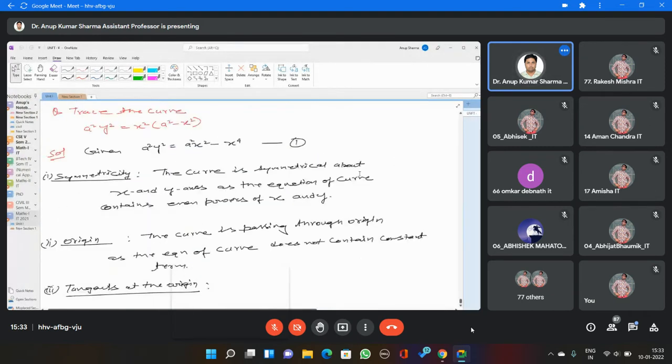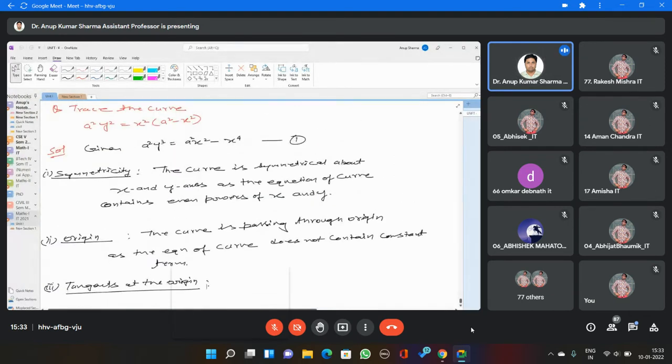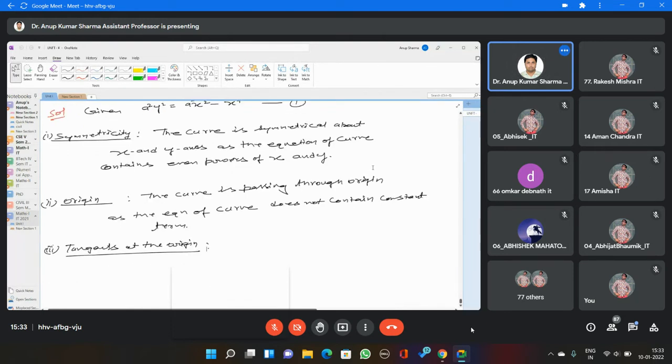So we see the lowest degree term of equation 1 is a square y square minus a square x square equal to 0.